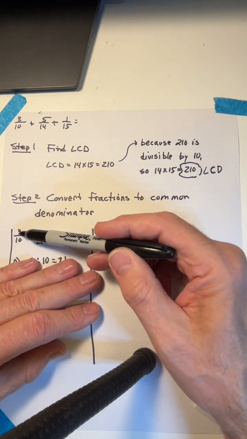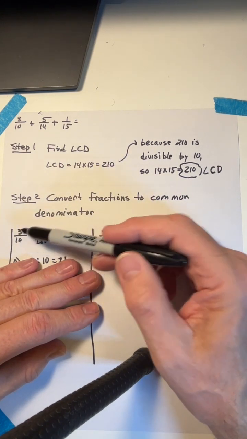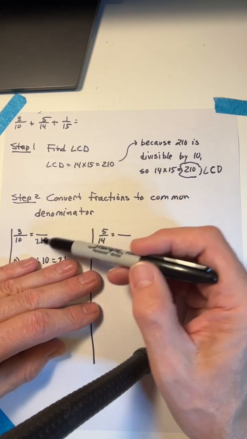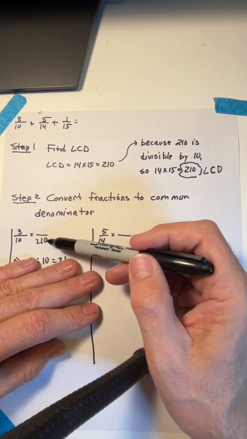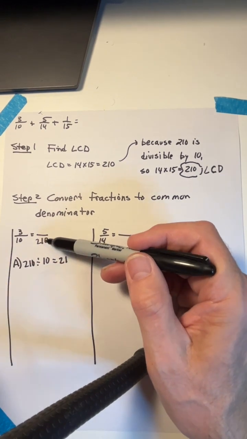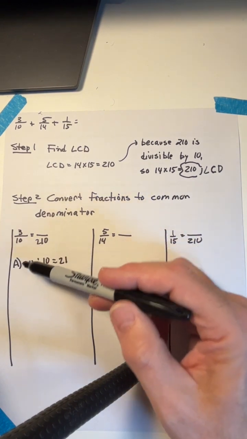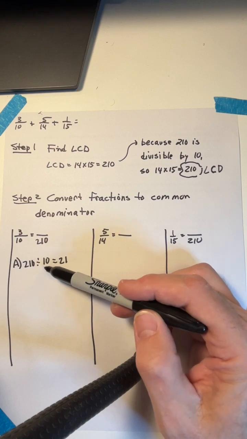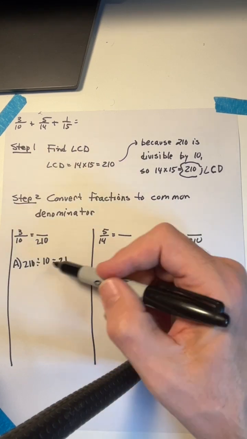So here we go, 3/10, and we want to convert it to a fraction with 210 on the bottom. And sometimes I use non-mathematical terms, well, because most people say the bottom. But it is the denominator, of course. But anyway, step A, you take the 210 divided by 10, and it equals 21.